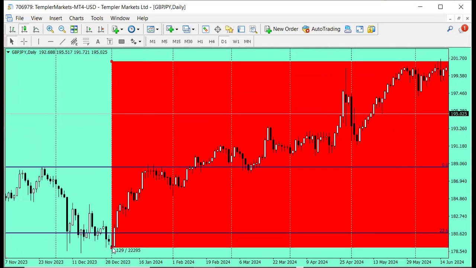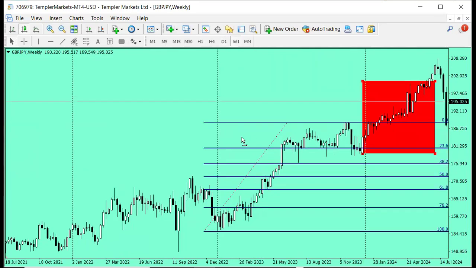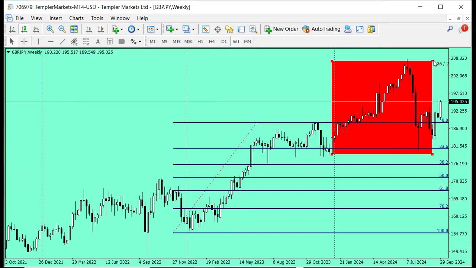Now, notice how price closed somewhere around 23.6. It's a matter of looking at where you are and seeing the levels that might be hidden to a lot of people, but there's a certain level that's crucial.